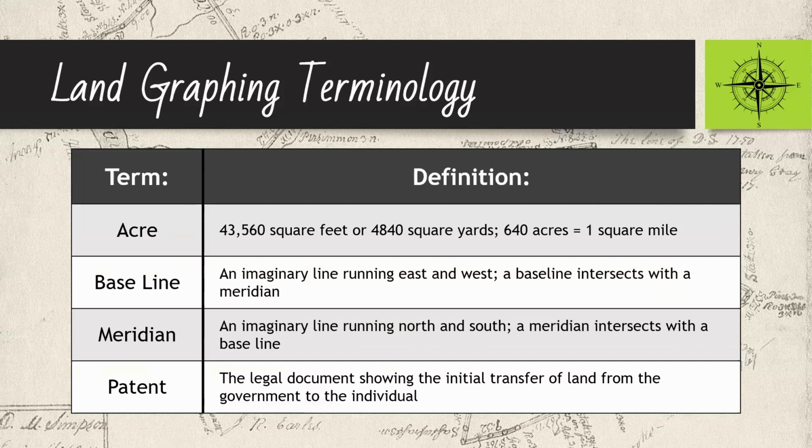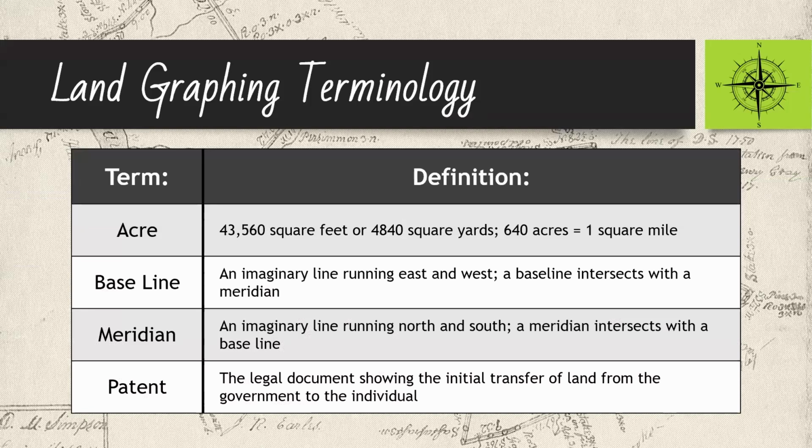One of the biggest things to think through here is baselines and meridians. Essentially, all through the country, there are multiple baselines and meridians. A baseline is an imaginary line running east and west that will intersect at some point with a meridian. A meridian is the same thing north and south.